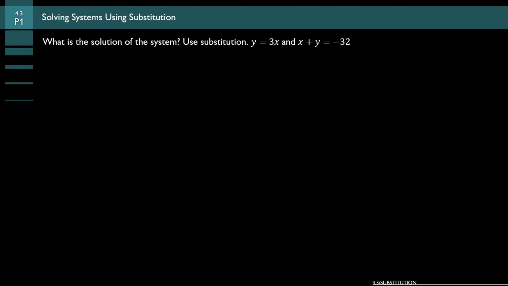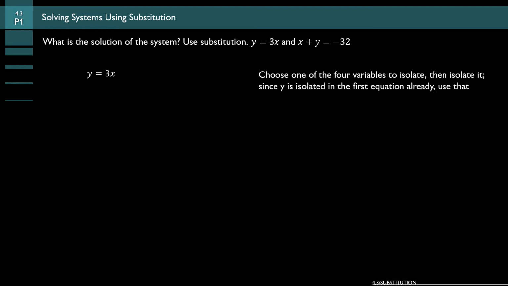And normally what we're going to do is we're going to choose one of those four variables to isolate, because we need to come up with a quantity that that variable is equal to. So in this case, we have y equals 3x already. We already have a variable that's been isolated in the equations that we've been given.